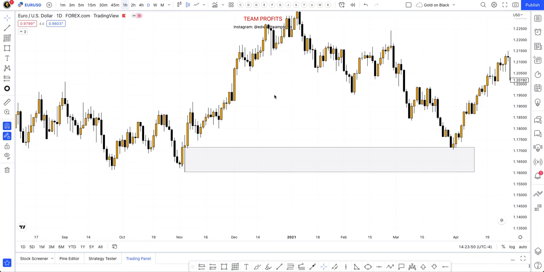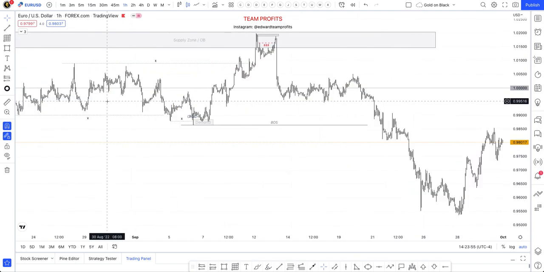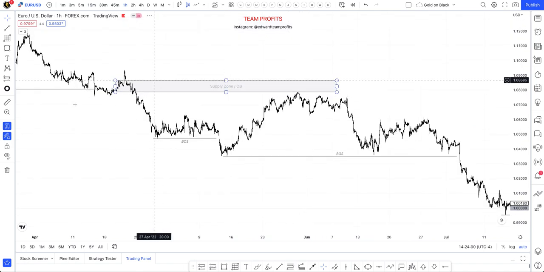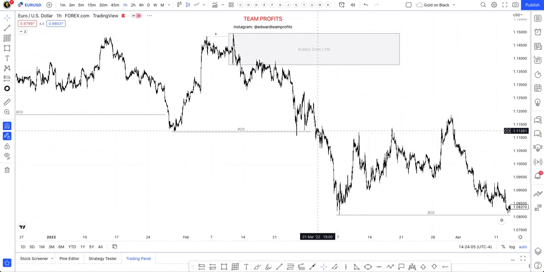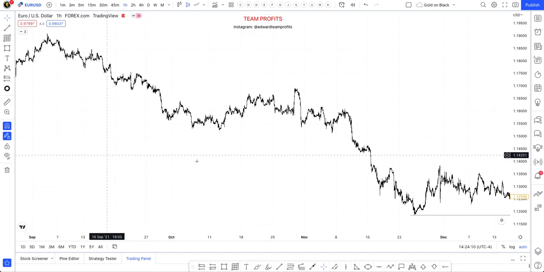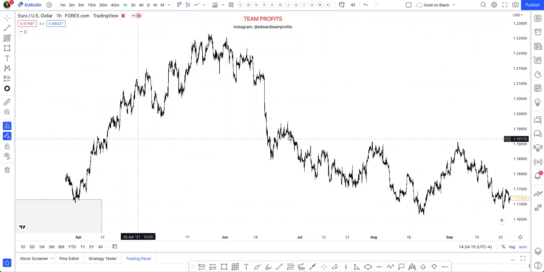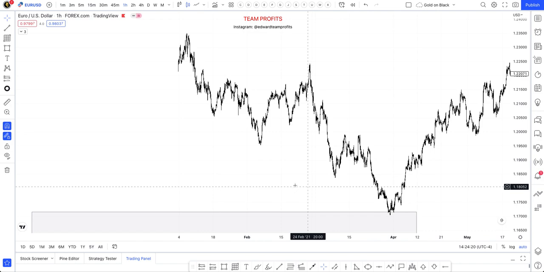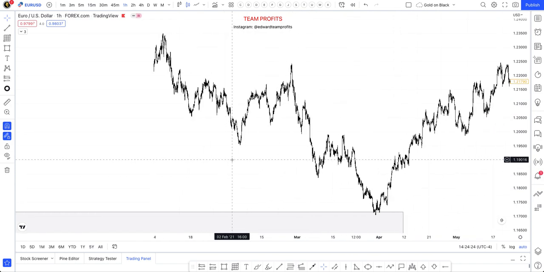Let me go on a 1 hour. I was backtesting this, and let's see if it actually lets me go back there on a 1 hour. Is it gonna let me? Looks like it's not gonna let me.